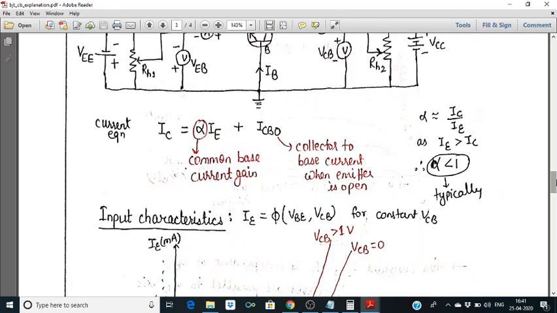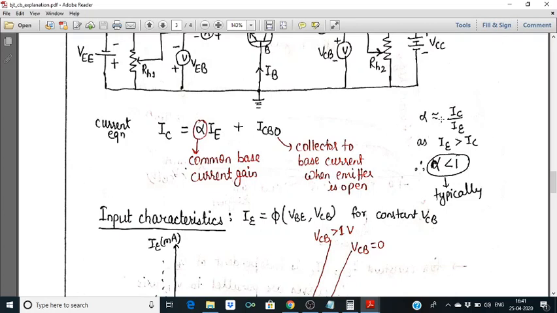The current equation in common base configuration is IC equals alpha IE plus ICBO. Here, alpha is the common base current gain, and ICBO is the collector to base current when the emitter is open. This is due to minority charge carriers.